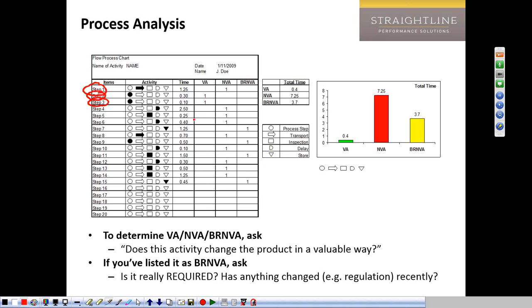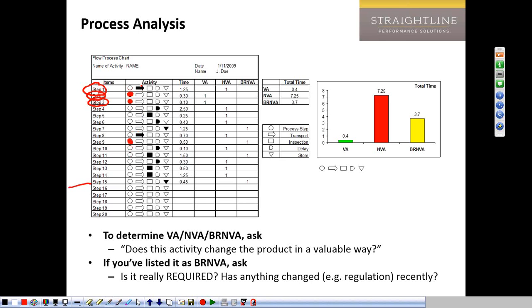And then, if you want to, that's fine. Let's just look at the left-hand side here for a second, and we can already see we've eliminated a lot of the waste in the process. Why is that? Well, the process steps are really just these. Out of the 15 steps, we've only got 3 that are really process steps.